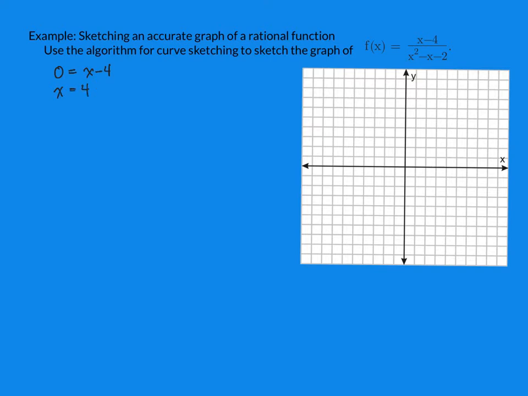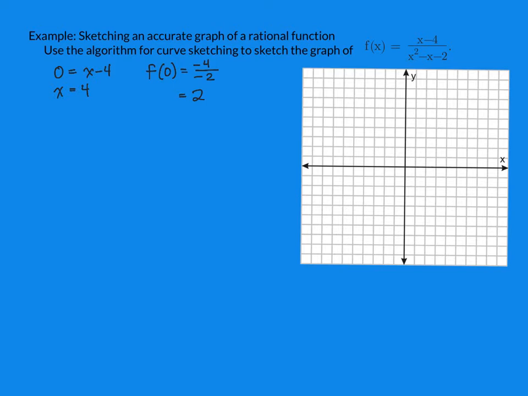And of course, we can find the y-intercept by evaluating at 0, which gives us -4 over -2, which is 2. So that's already given us a couple of points.